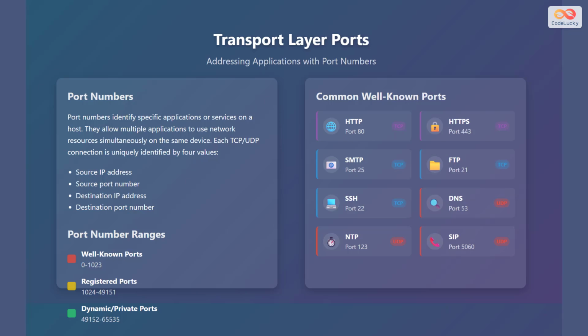Examples of common well-known ports are Hypertext Transfer Protocol on port 80, Hypertext Transfer Protocol Secure on port 443, Simple Mail Transfer Protocol on port 25, File Transfer Protocol on port 21, Secure Shell on port 22, Domain Name System on port 53, Network Time Protocol on port 123, and Session Initiation Protocol on port 5060.